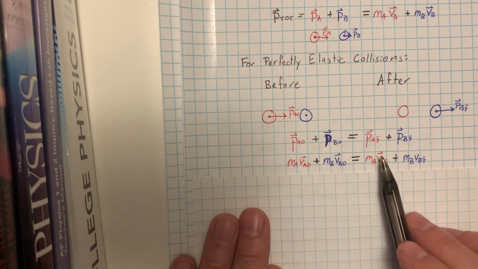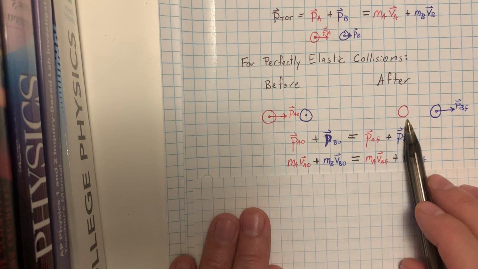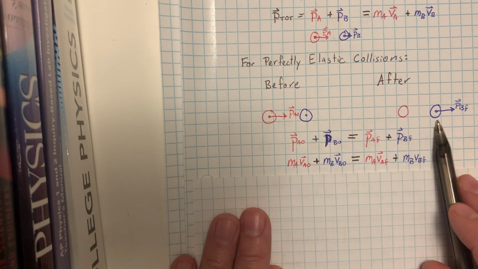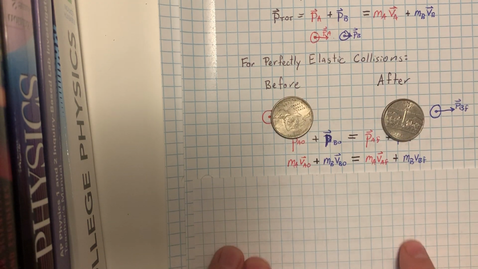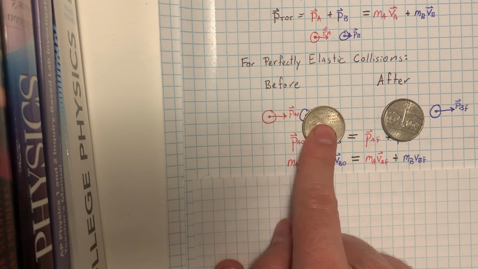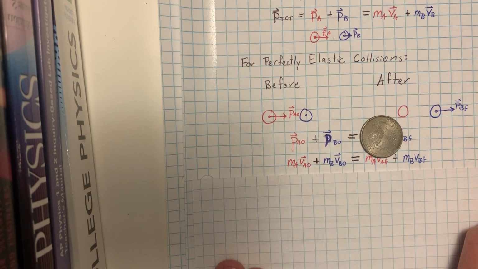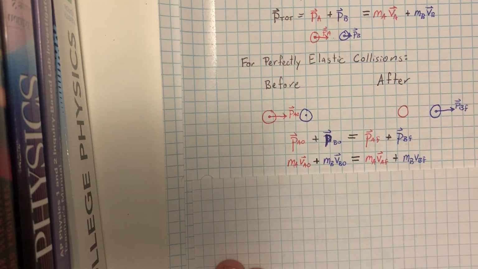Now, if the masses of both objects are the same, then I can cancel out the masses. If this is at rest before and this is at rest after, whatever the velocity of this one is will be the velocity of that one. If I had a frictionless piece of paper and slid my coin this way, the other one would hit and move at the same rate.